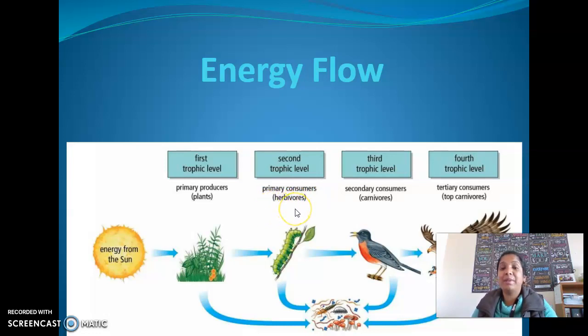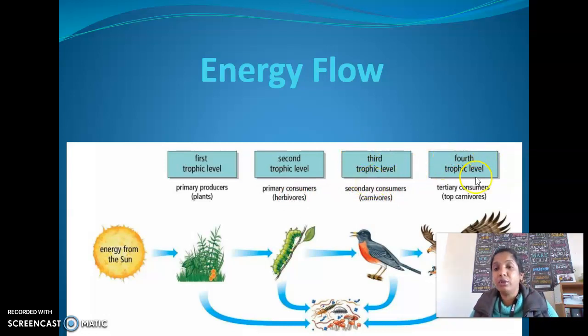Herbivores are plant-eating animals, and they are said to be in the second trophic level. And the third trophic level are carnivores. I repeat the term, carnivores. Carnivores means animals that feed on other animals. They feed on herbivores. So carnivores, which feed on herbivores, are in the third trophic level.